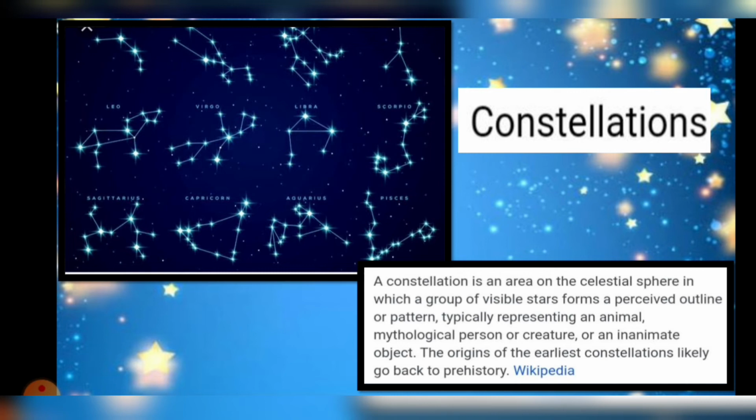So they form different kind of patterns, typically representing an animal, mythological person or creature, or an inanimate object. The origins of the earliest constellations likely go back to prehistory. So this is about constellations, children. These are only some of the patterns, but there are many other patterns which the stars create. Whenever they create a pattern, it is known as constellations.